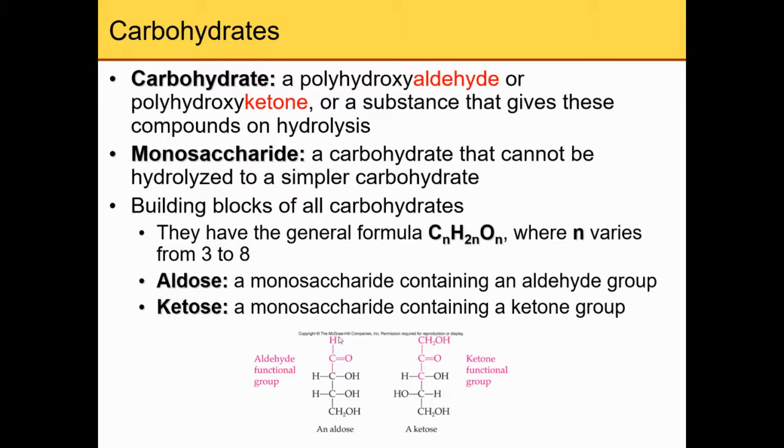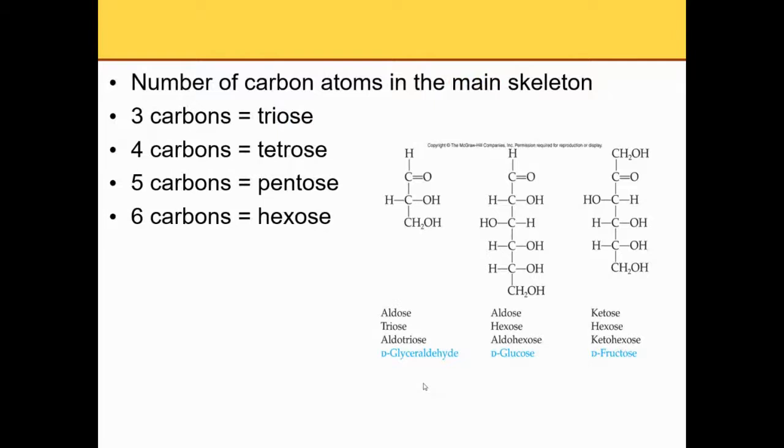So aldose is a monosaccharide containing an aldehyde group, CHO. And ketose is a monosaccharide containing a ketone group. That's the aldose and ketose. And then there is the number of carbon atoms in the main skeleton.